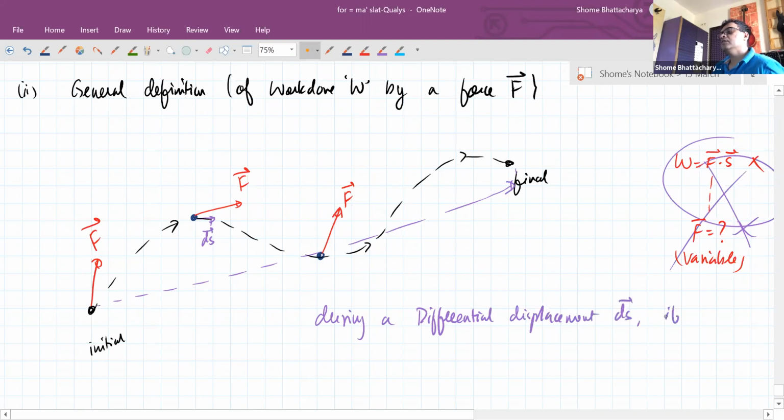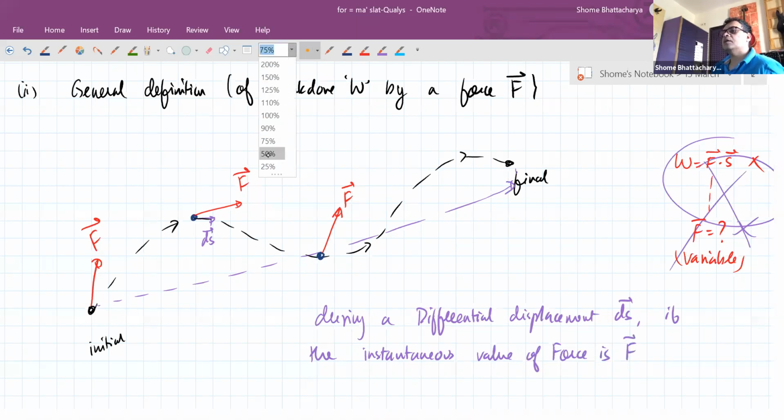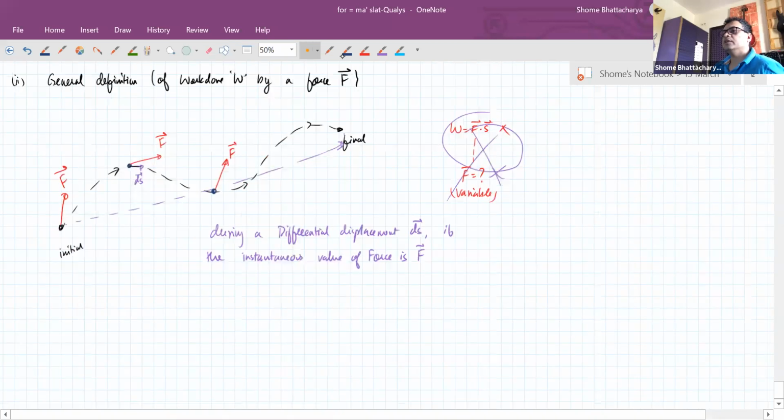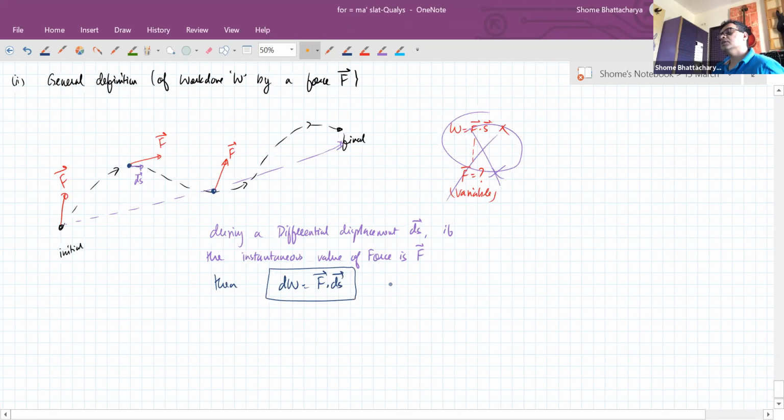If during that small displacement the instantaneous value of force is F, then for that small part of the path, the work done is F dot ds.